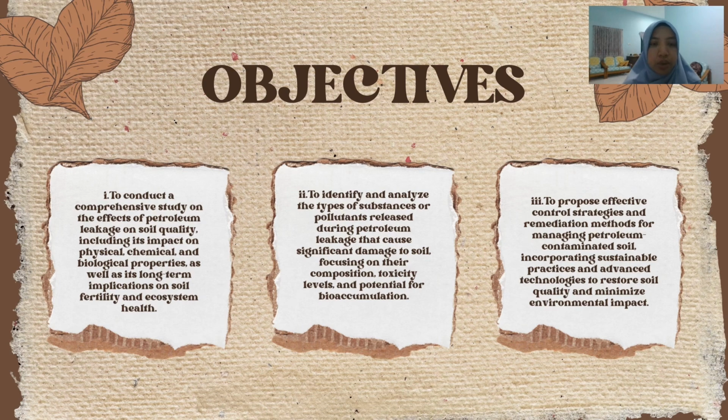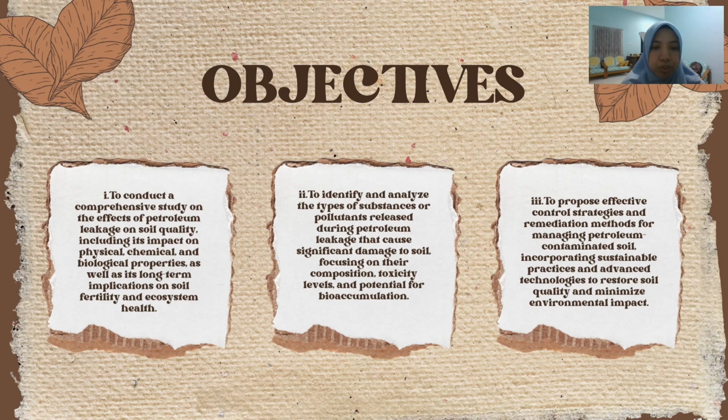Okay, next I will present the objectives of this study. First one, to conduct a comprehensive study on the effect of petroleum leakage on soil quality, including the impact on physical, chemical, and biological properties, as well as its long-term implications on soil fertility and ecosystem health. Second one, to identify and analyze the types of substances or pollutants released during petroleum leakage that cause significant damage to soil, focusing on their composition, toxicity level, and potential for bioaccumulation.